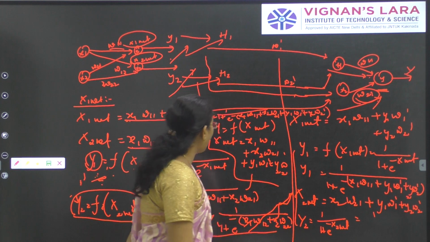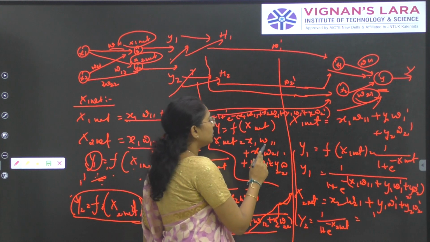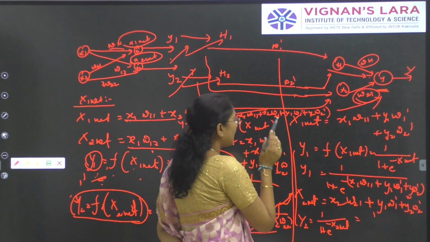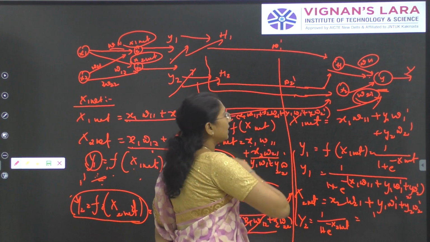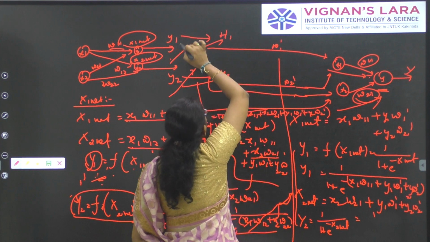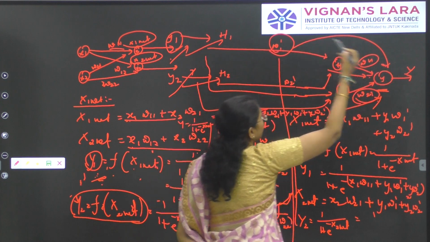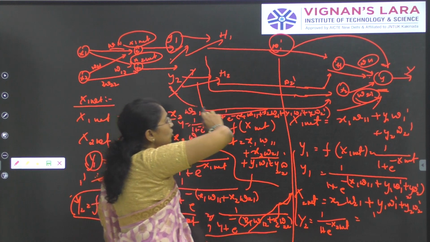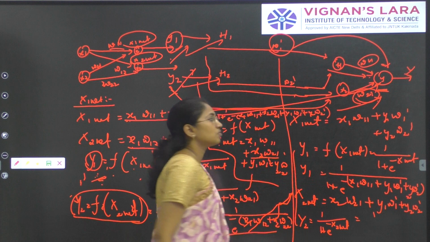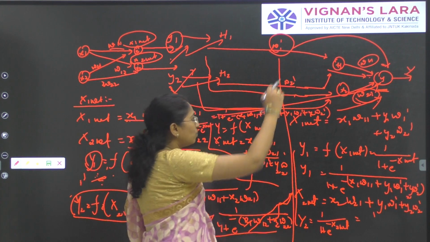So what will you have? x net is equal to x1 W11 plus x2 W21. In addition to that, you are passing this y1 through a weight of W1 dash as one of the inputs, and also passing this y2 through a weight of W2 dash to this. Now, you need to add both the inputs.